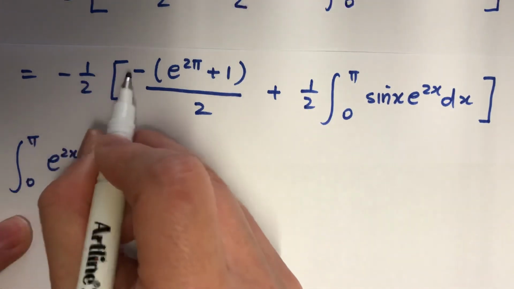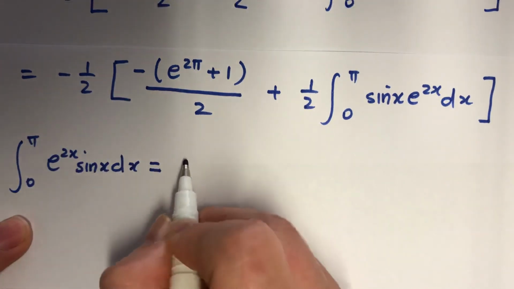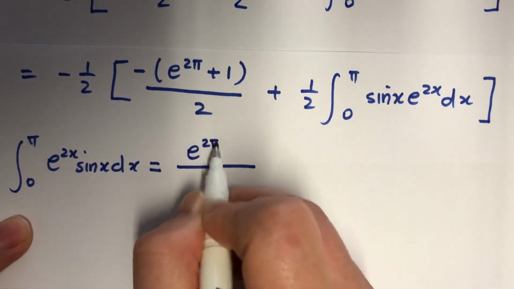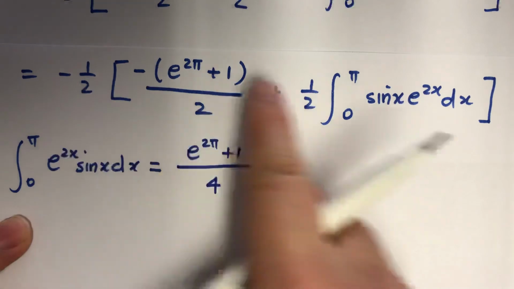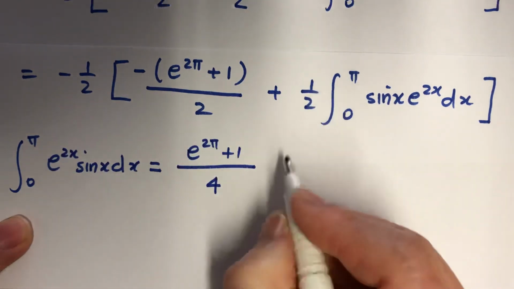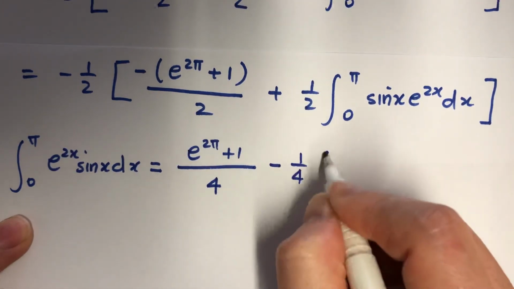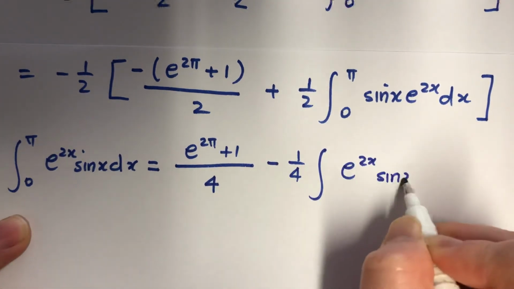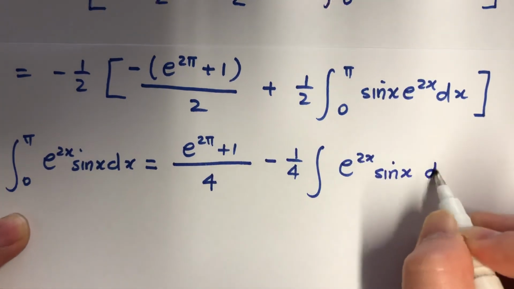Minus minus, so that becomes a quarter, so 4 here. And then I'm minus half times half, minus a quarter, and I'm just going to write e to the power of 2x sine x the other way around, so it looks better.